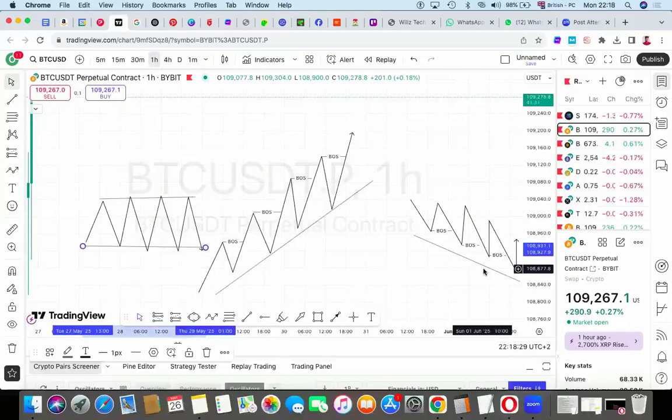Because we have breaks of structure, in either direction the market is doing, you could always bag on it when you know your trend, and then obviously combining every aspect of analysis, which is your market structure, meeting your confluences, and then determining your trade.